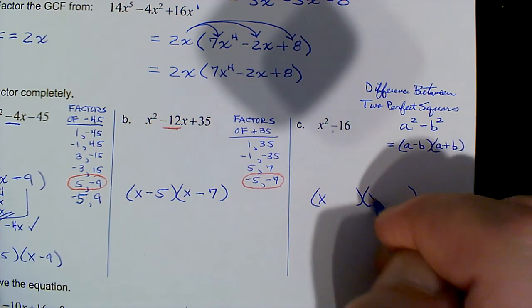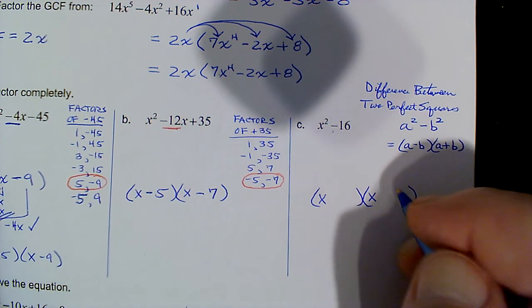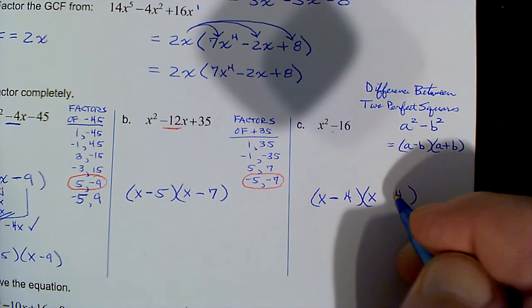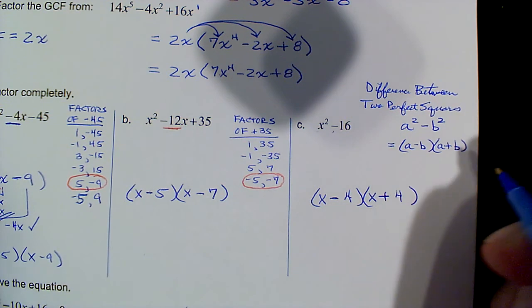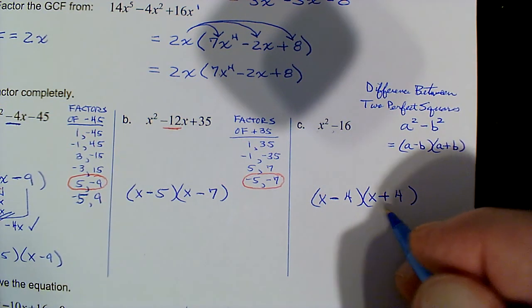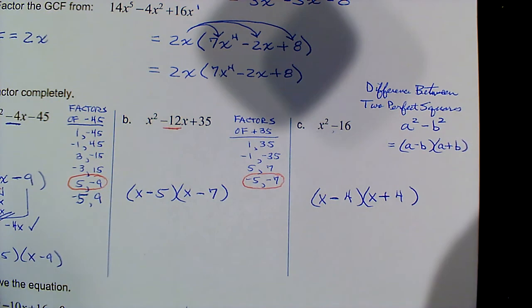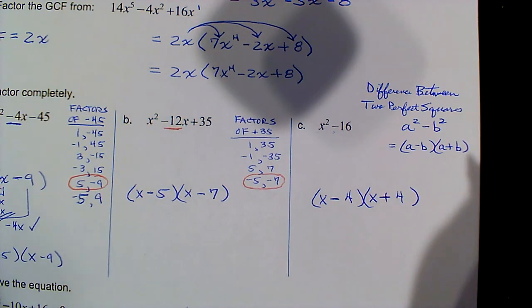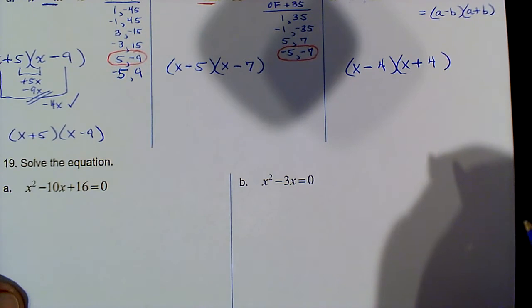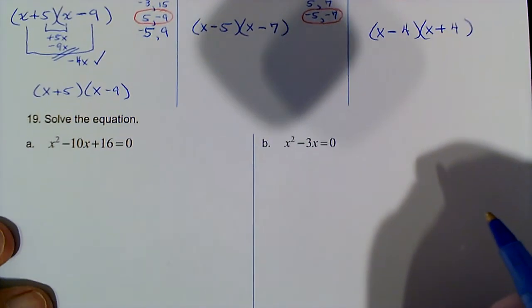And so we know x and x, for 16, 4 and 4, and just make one of them negative and one of them positive. It doesn't matter which way, if it's x minus 4, x plus 4, or x plus 4, x minus 4, either one is acceptable because multiplication is commutative.